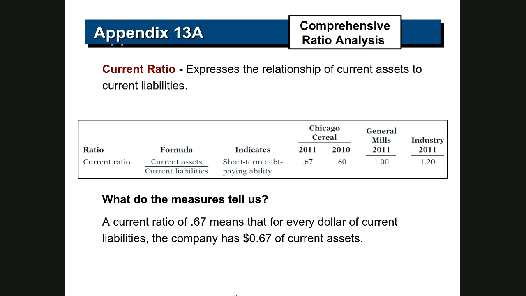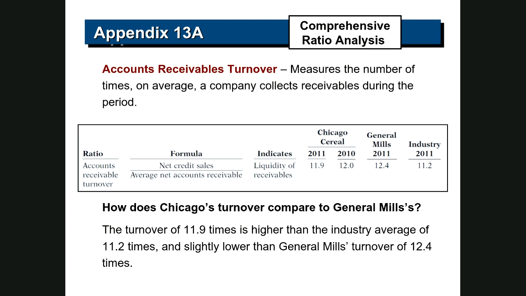That's liquidity. Okay. Then we have the next number, accounts receivable turnover. The way it's calculated is net credit sales divided by average net accounts receivable, right? Now, the problem here is the financial statements that they provided us don't have credit sales separately.